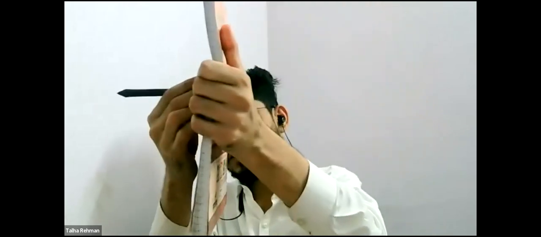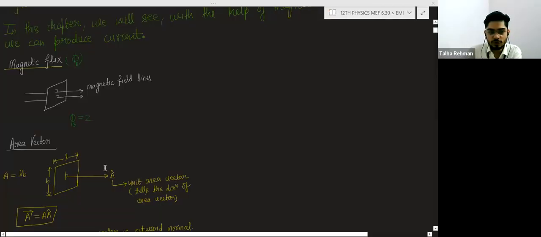Suppose this is your plane area, and the direction of the pen represents the direction of the area. So the direction of area is perpendicular to the plane of the area. This a cap vector is known as the unit area vector, and it represents the direction of the area.